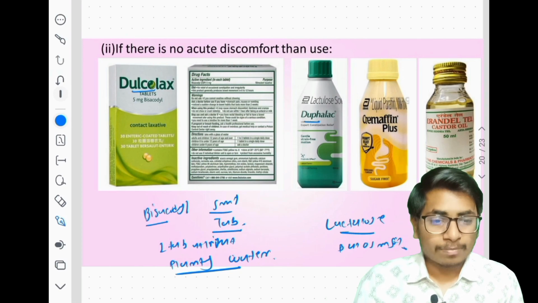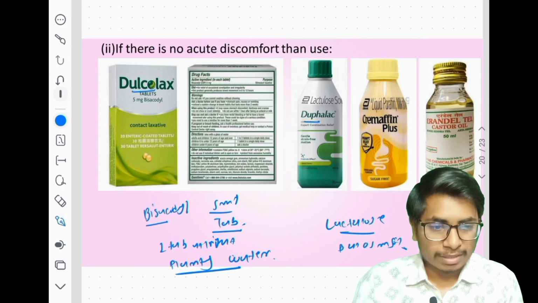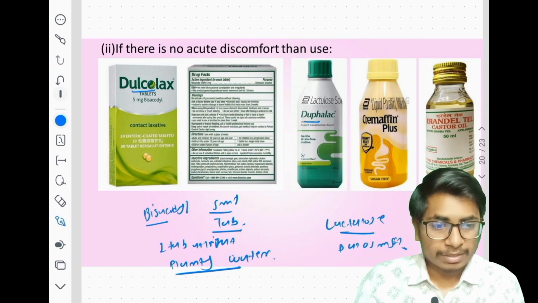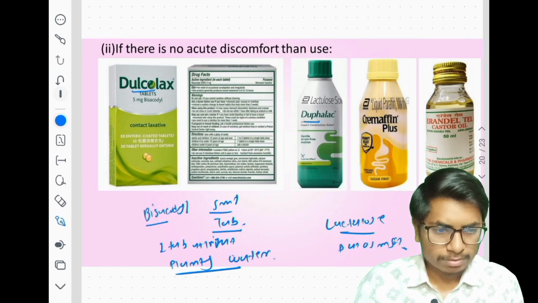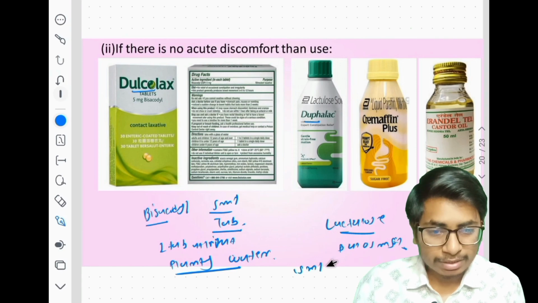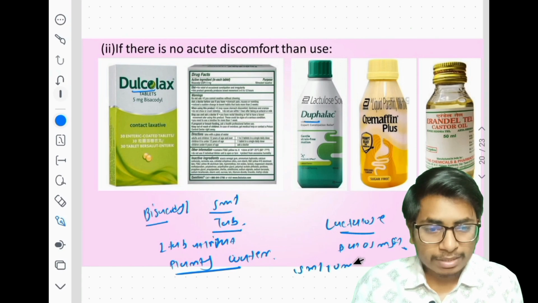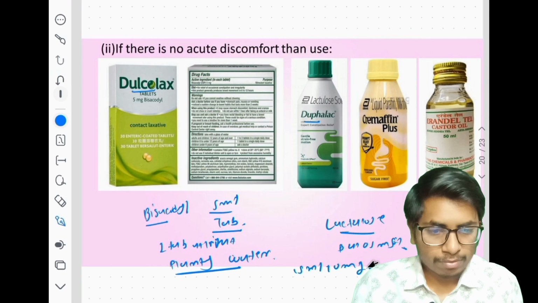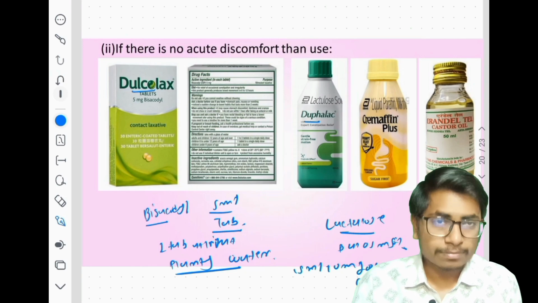Take 15 ml at night with plenty of water. Each 50 ml of syrup Dufalac contains 10 milligram of lactulose.